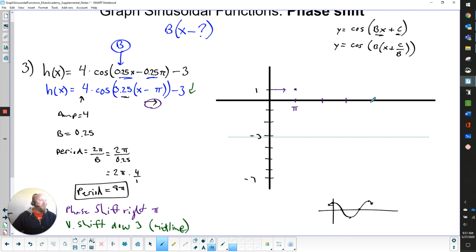Each scale step is a quarter, and four steps make a full period of the graph. So after you top out, it's going to go down, and back through them and back.